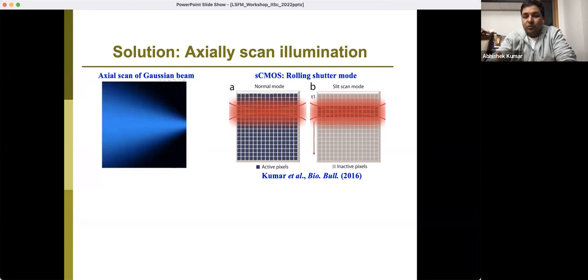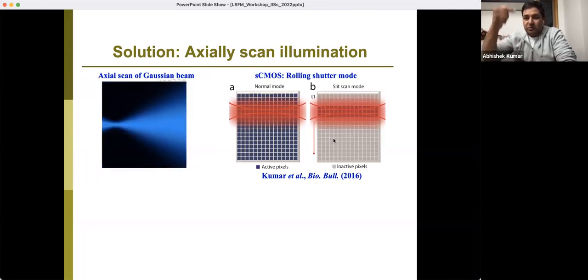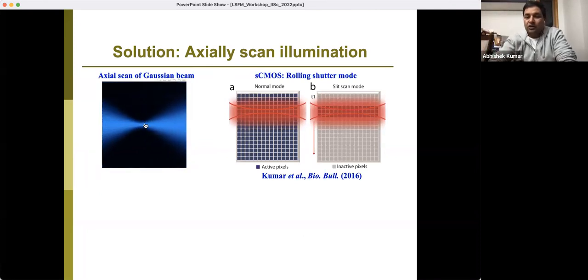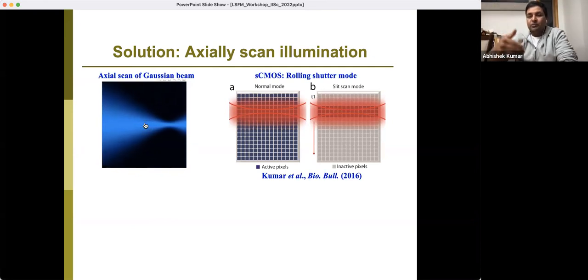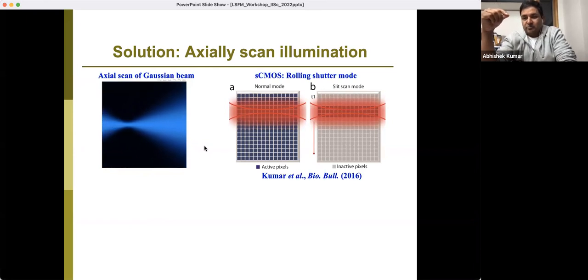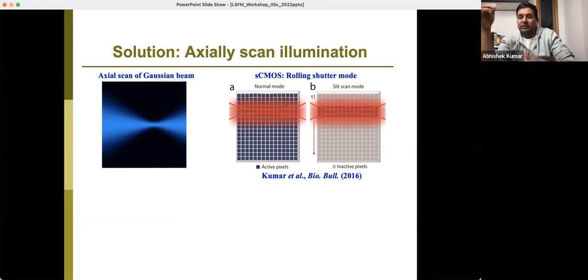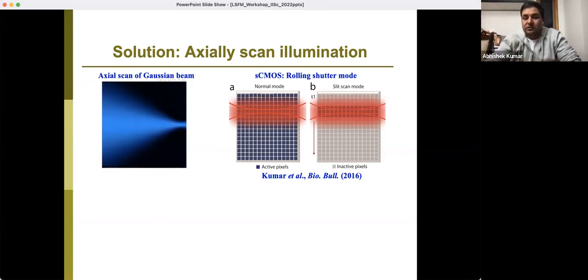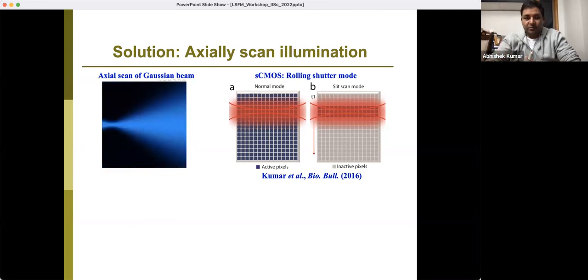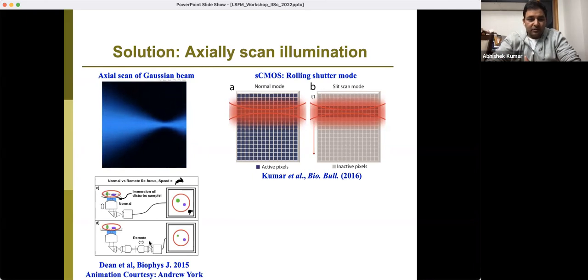So instead of a global acquisition, you do slit scan or rolling shutter mode, and you sync the rolling of these pixels with your illumination beam waist. And this way it works as a virtual confocal slit. Basically, even though those photons are hitting your sensor, you are not accounting for them. And this improves your image quality a little bit.